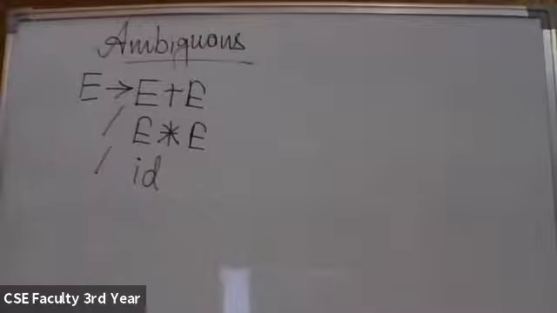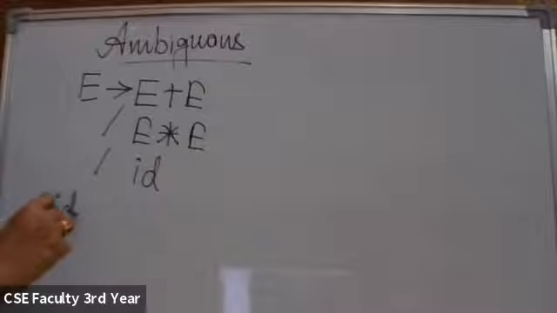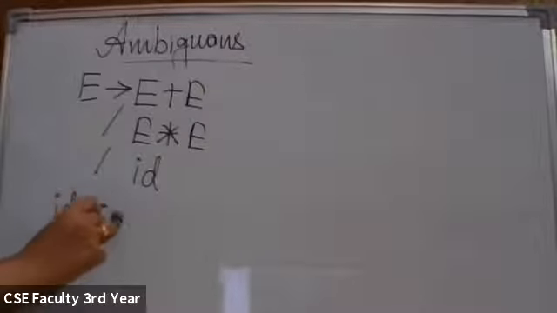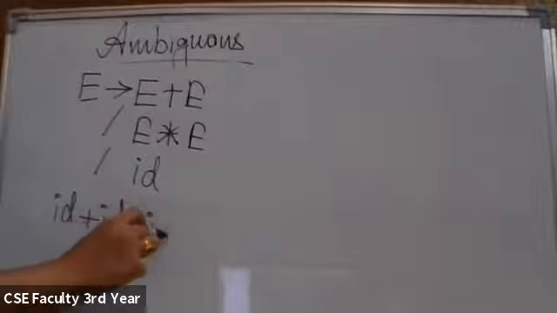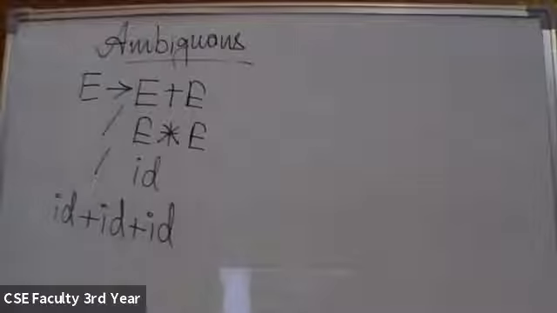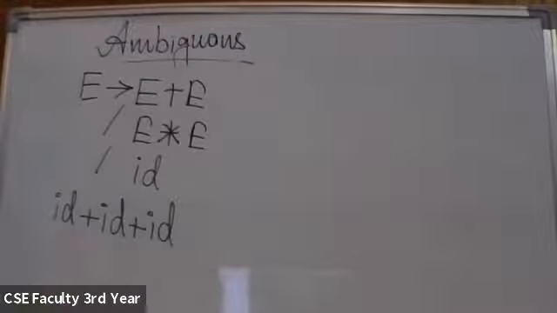All of these productions can be derived from E. That is what it means. So if I take an input ID plus ID plus ID, now let us see what kind of parse trees we can obtain for this input given this particular grammar.